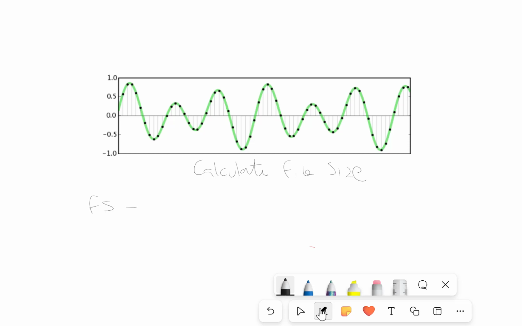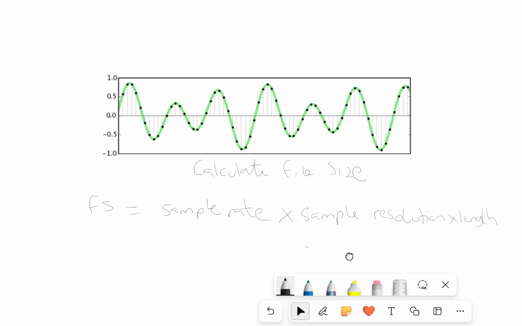The file size equals sample rate, so we know what sample rate is, multiplied by the bit depth or sample resolution, multiplied by the length of the sound.